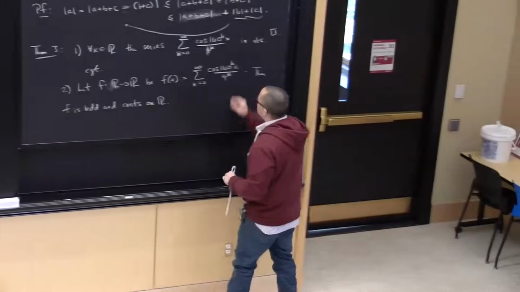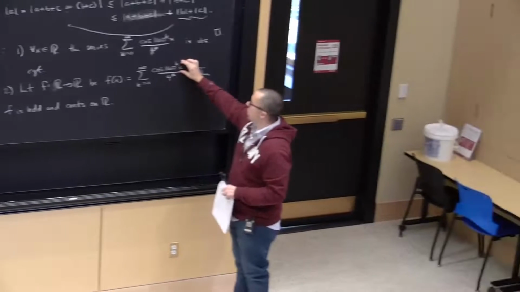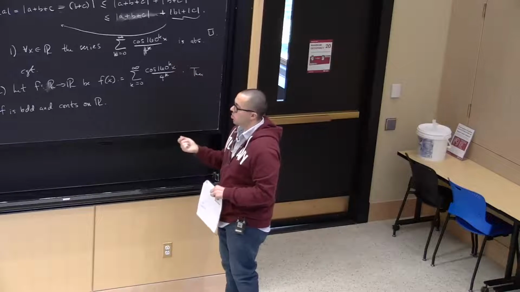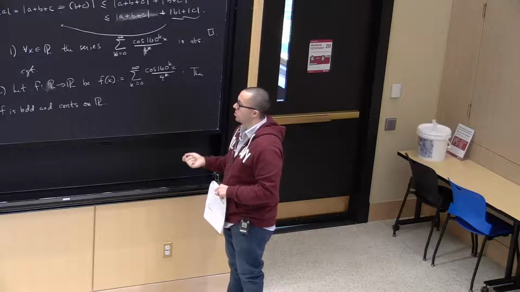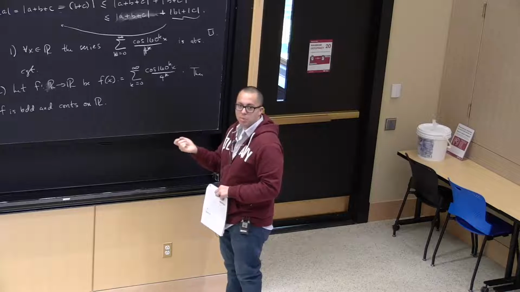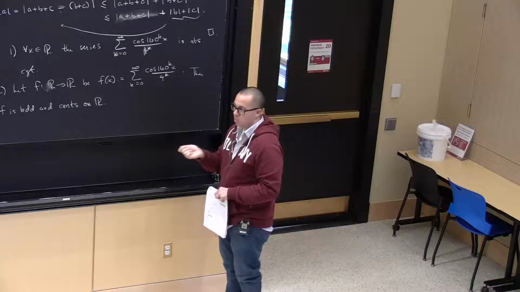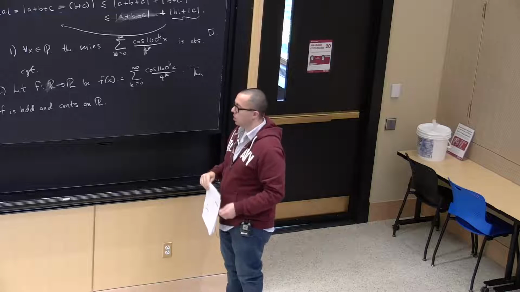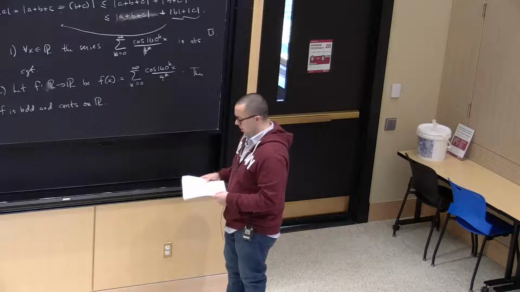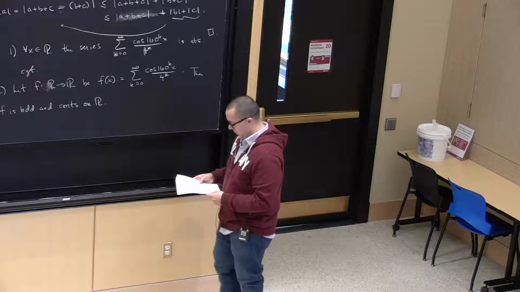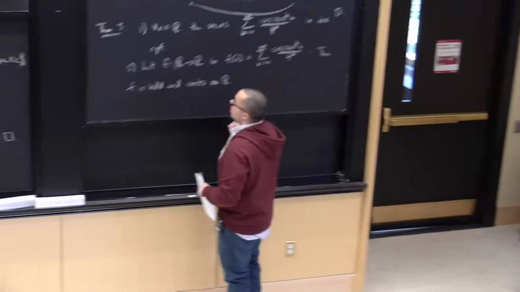And so all of these are oscillatory, and they're oscillatory on smaller and smaller intervals, and somehow we're adding them all up in a way to get a function that's oscillatory on arbitrarily small intervals, and therefore it will not be differentiable.